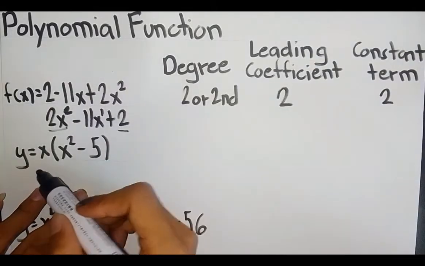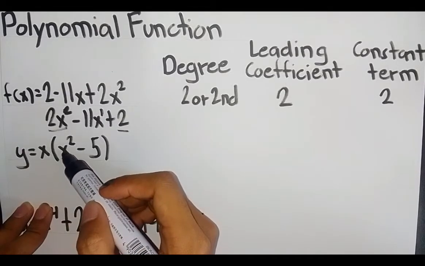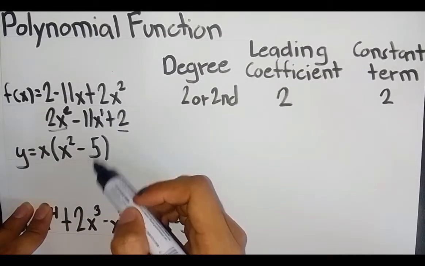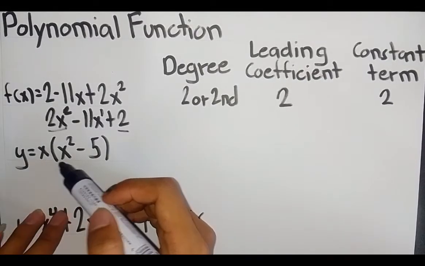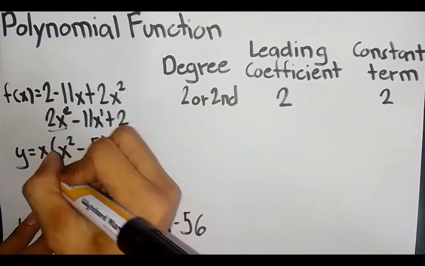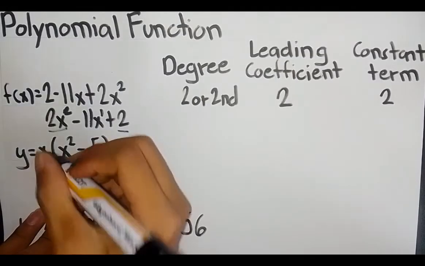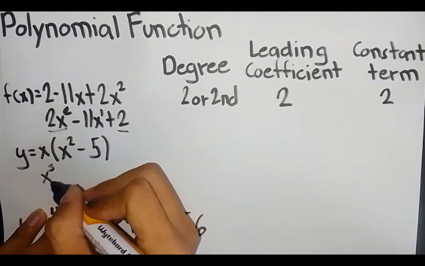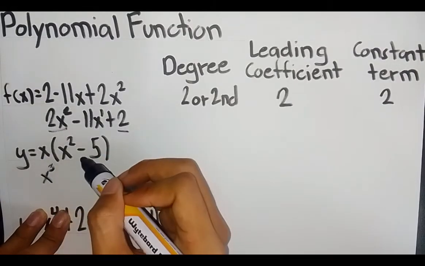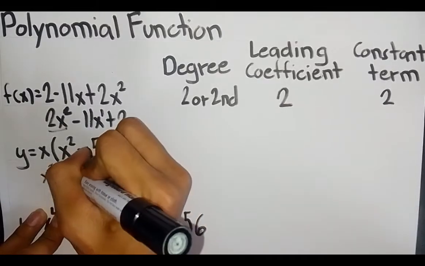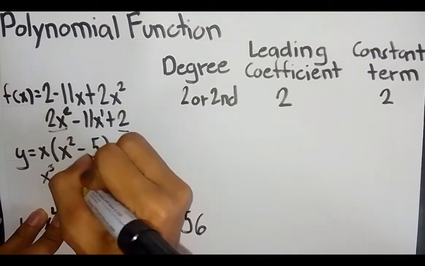For the second example naman, y is equal to x cubed minus 5. So the first step is we need to simplify this into general form. x times x squared is equal to x cubed, and then x times minus 5 is equal to minus 5x.